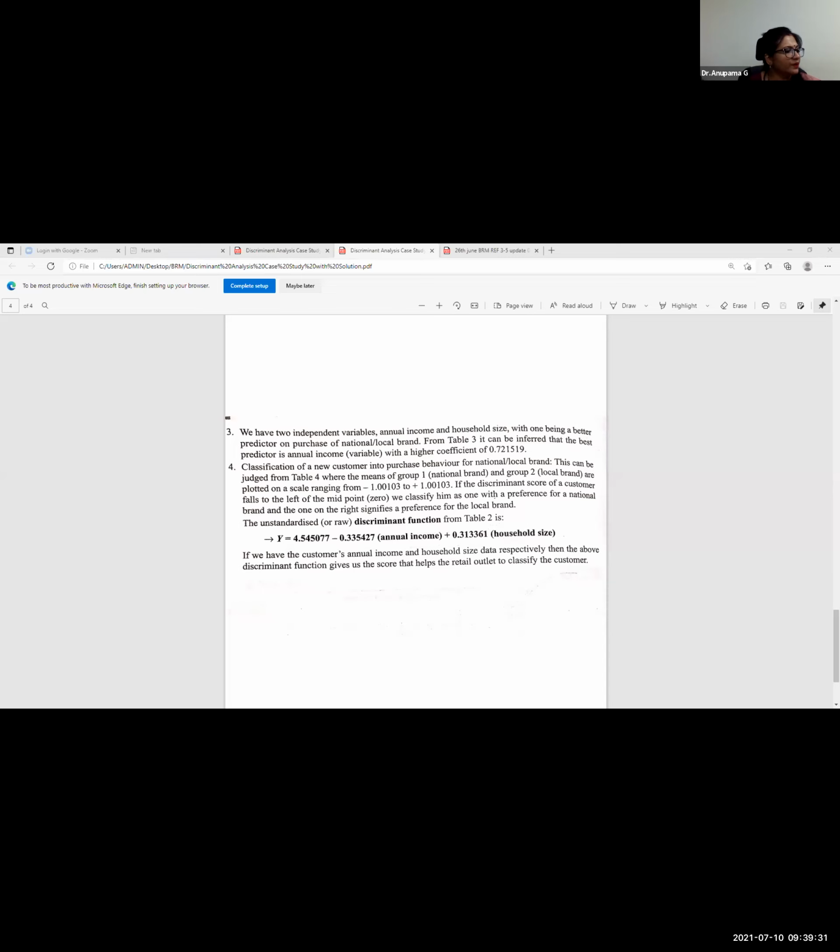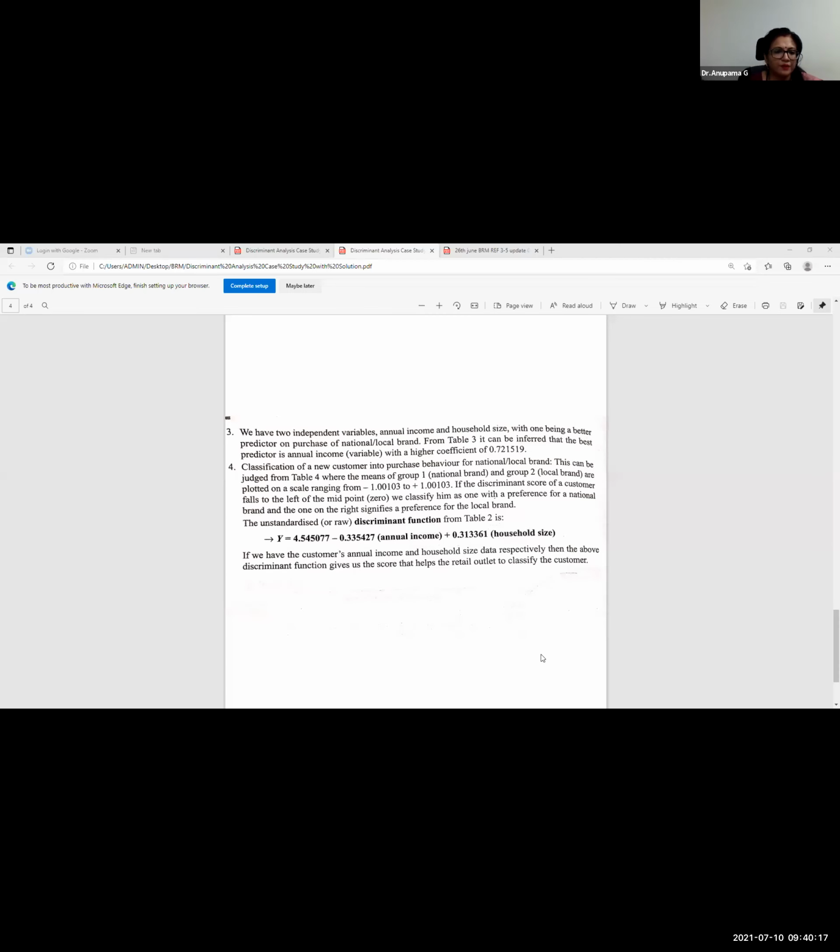Can you see the screen? So annual income in this equation, is it an independent or a dependent variable?